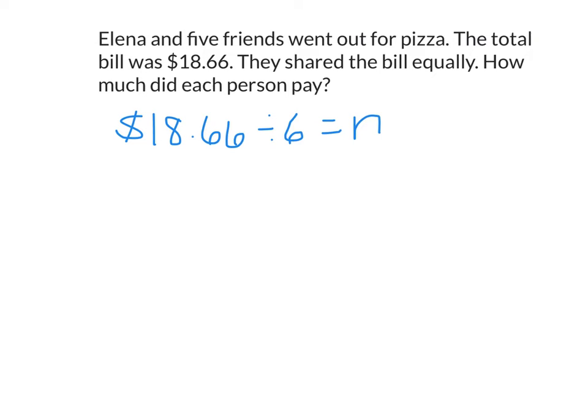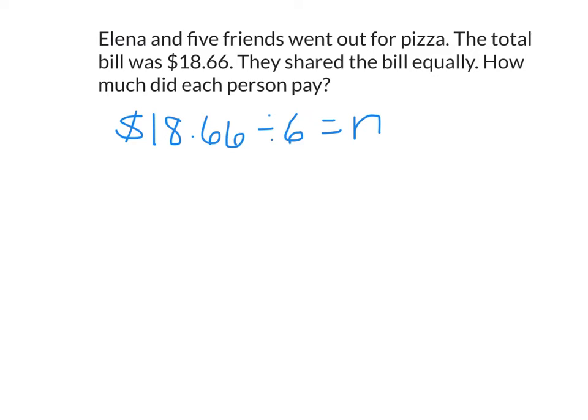Let's first estimate this using compatible numbers to figure out what our answer should be close to. So we have $18.66. Our number we're dividing by is 6. If we take a look here, 6 goes into 18 evenly.